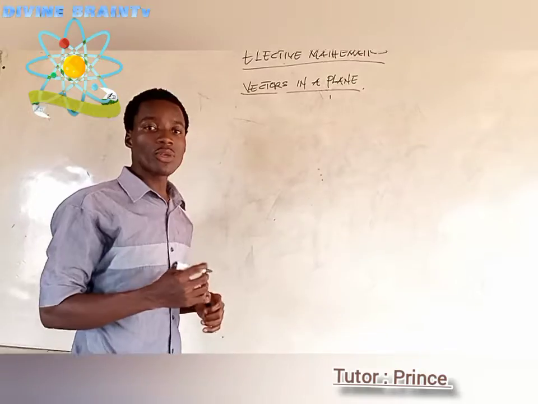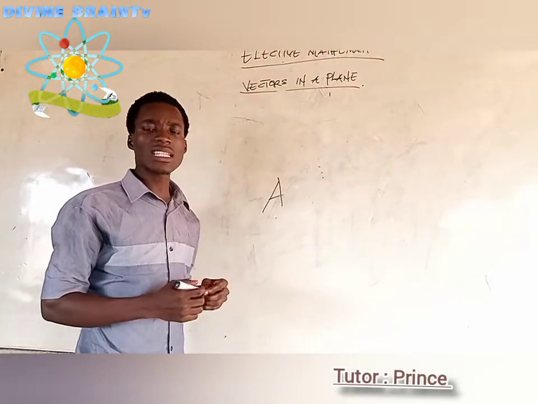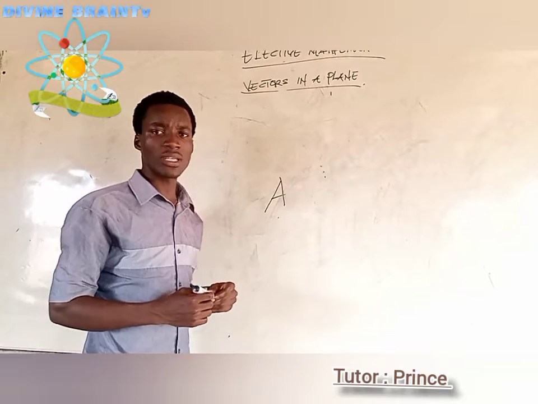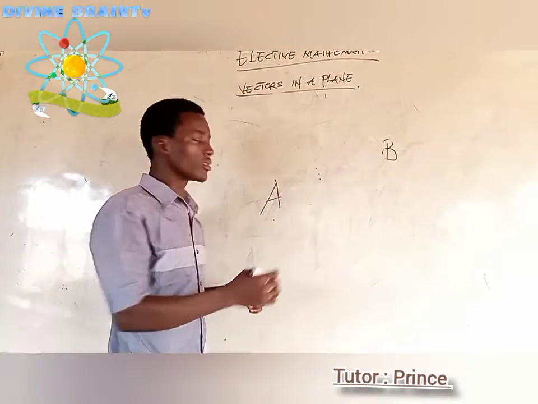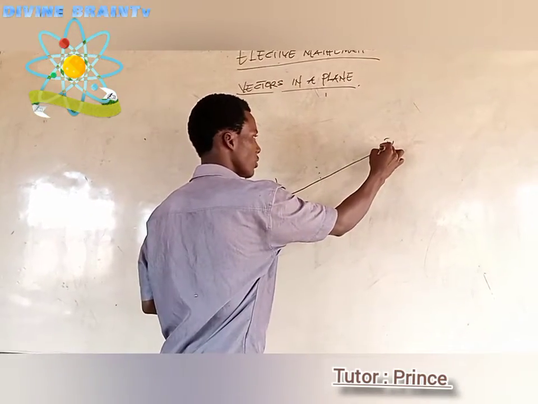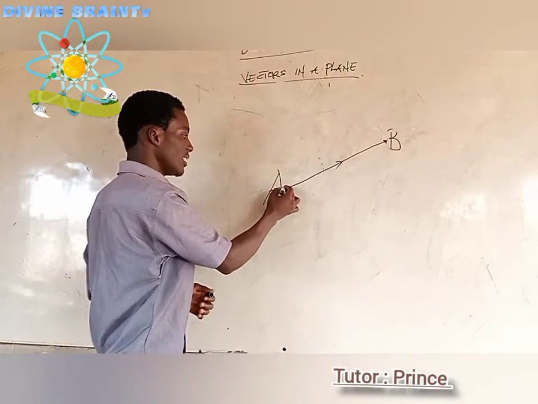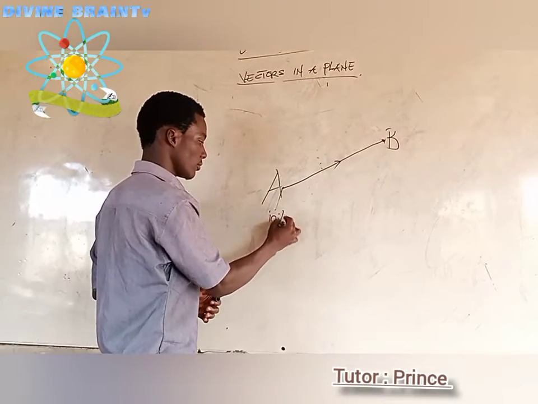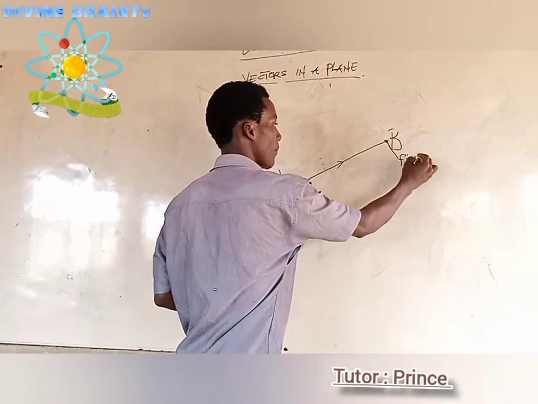Alright, so assuming we have point A and the particle is moving from point A to another point B. The particle starts from here and moves straight to this point with its direction. So this is the initial and this is the final.